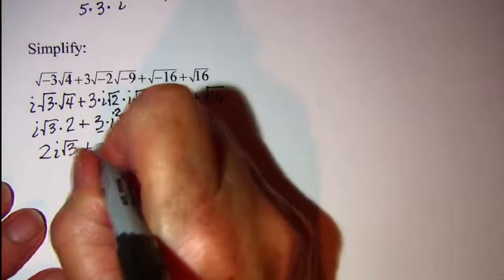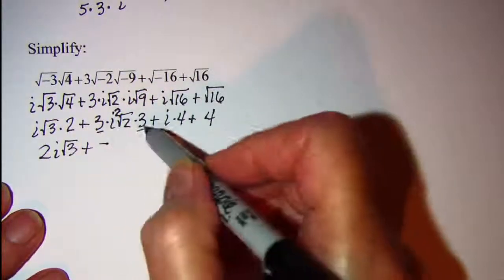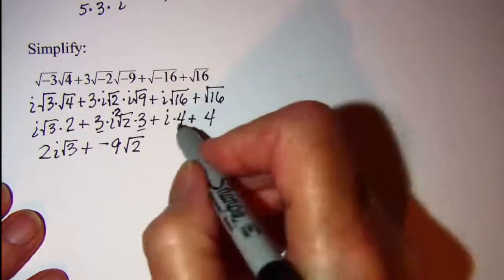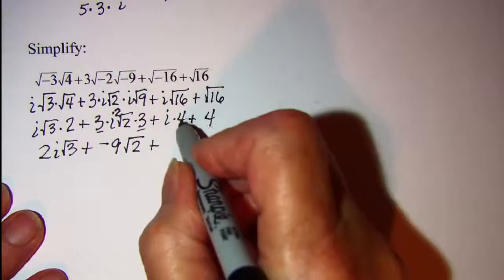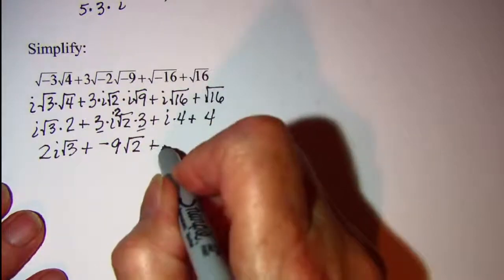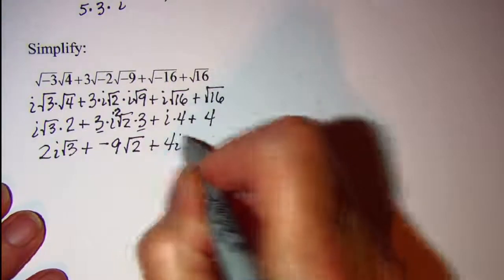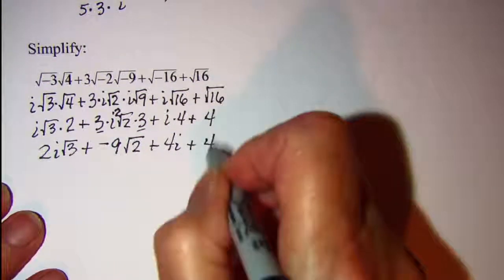So I have a negative, and 3 times 3 was 9, and then a root 2. And this one, put the 4 in as a coefficient in front of the i: 4i plus 4.